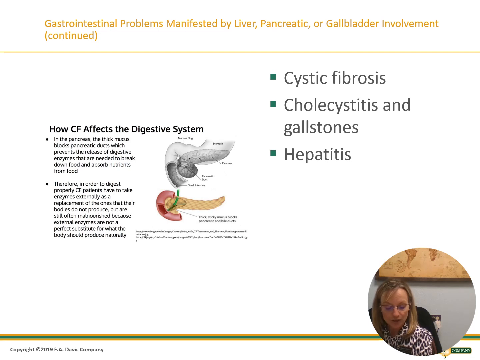Hep A, you're going to have an anti-HAV IgM and an HAV total. That way you can see if it's a recent acute infection or previous. Hepatitis B, you're going to do a surface antigen and a surface antibody, and then hepatitis B with an E antigen, and hepatitis B core antigen.